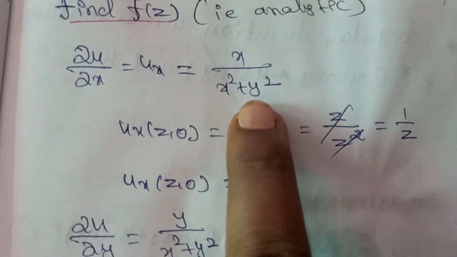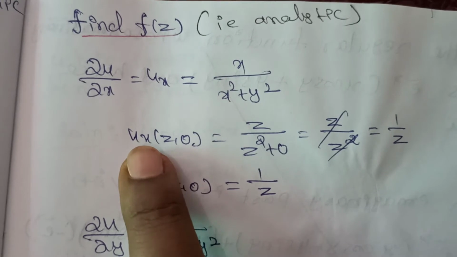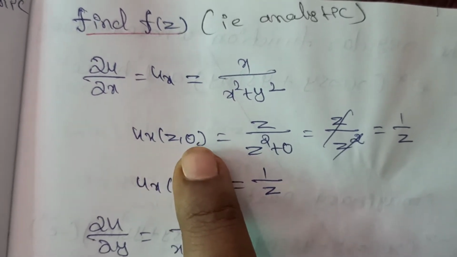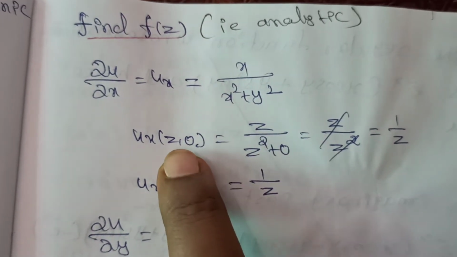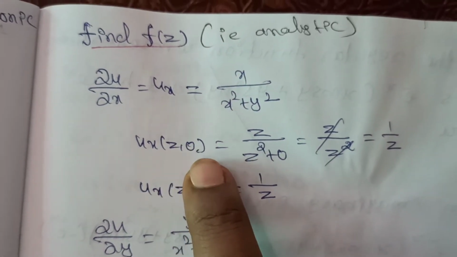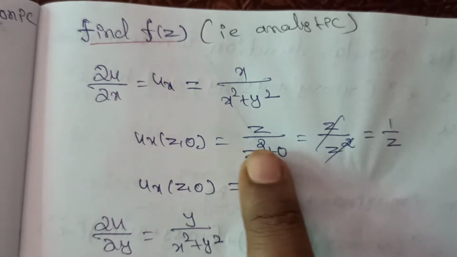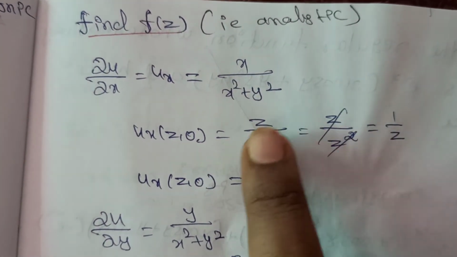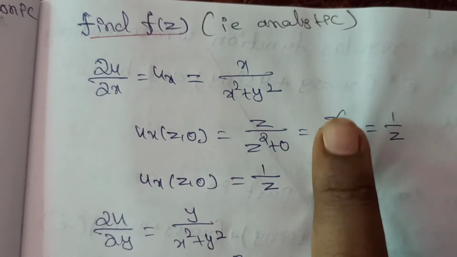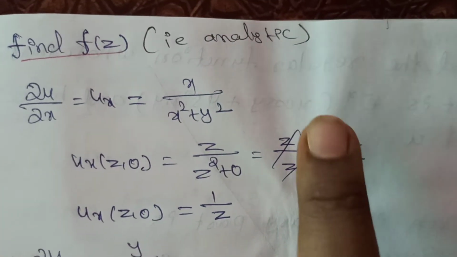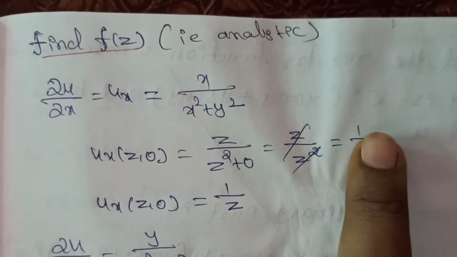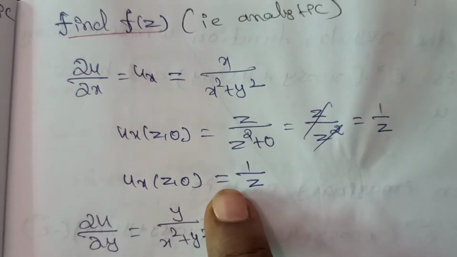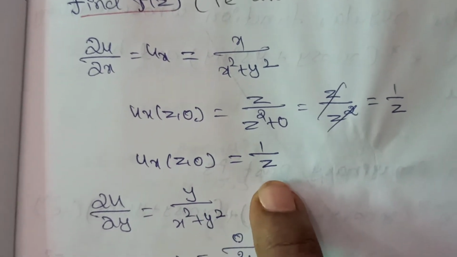Next, by the Milne-Thomson method, substitute in ux: ux of z comma 0, where we substitute z for x and 0 for y. Therefore z divided by z square plus 0, which is z divided by z square, cancel the z, becomes 1 divided by z. Therefore ux of z comma 0 is equal to 1 divided by z.